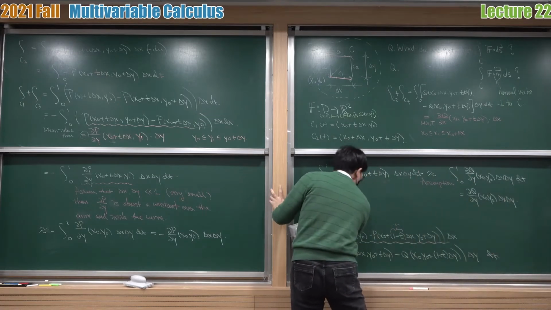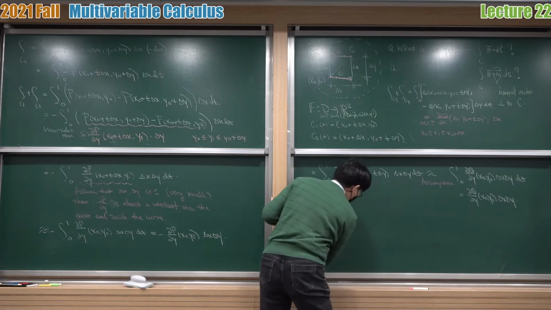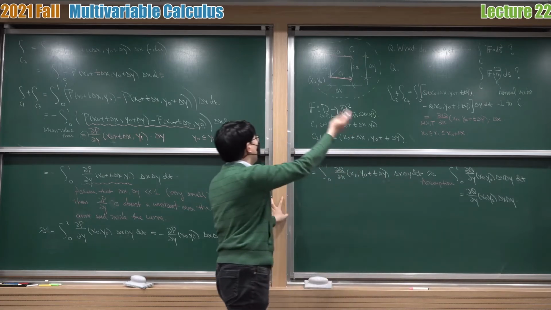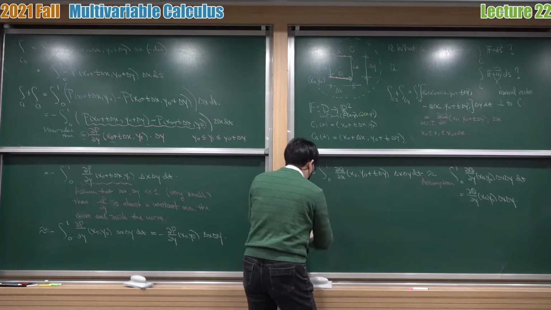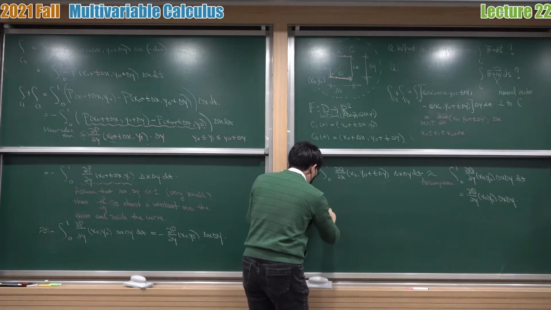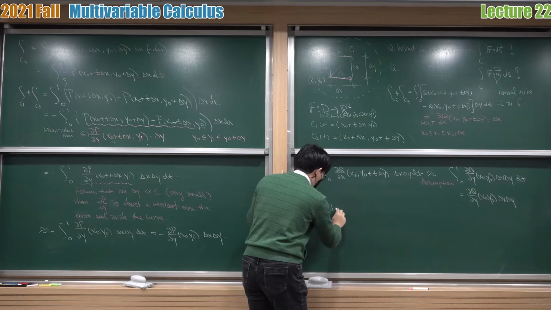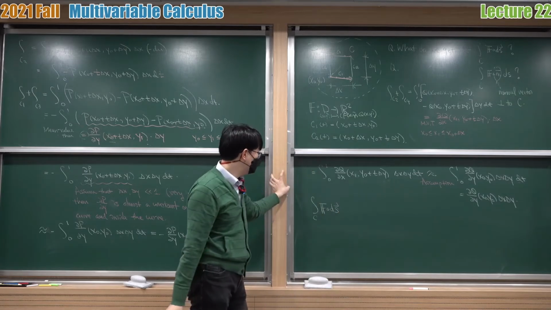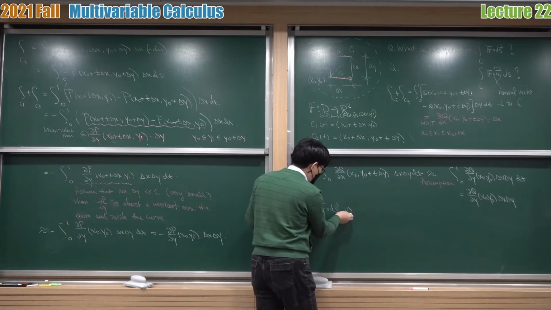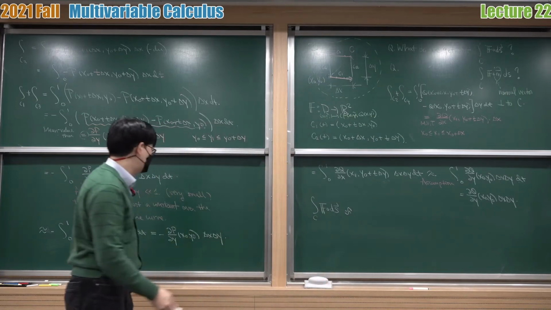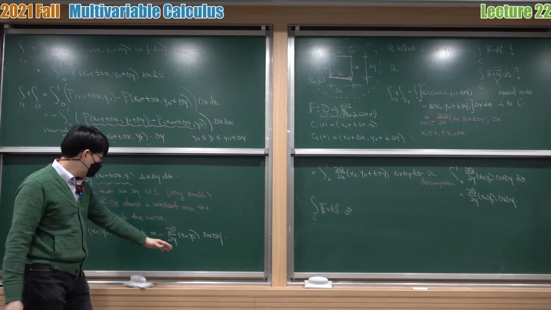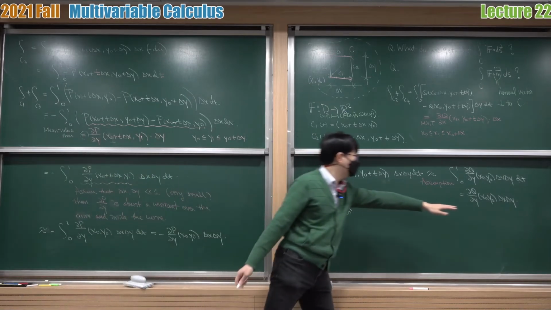Okay? So what I'm trying to say is let's try to combine everything. What we have done is integration over the curve of this vector field, and at the end it's approximately equal to the sum of these two numbers, right?